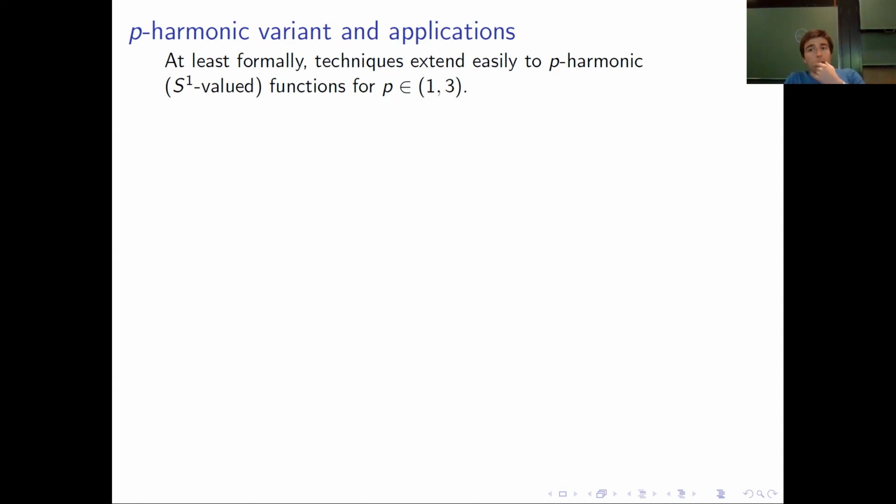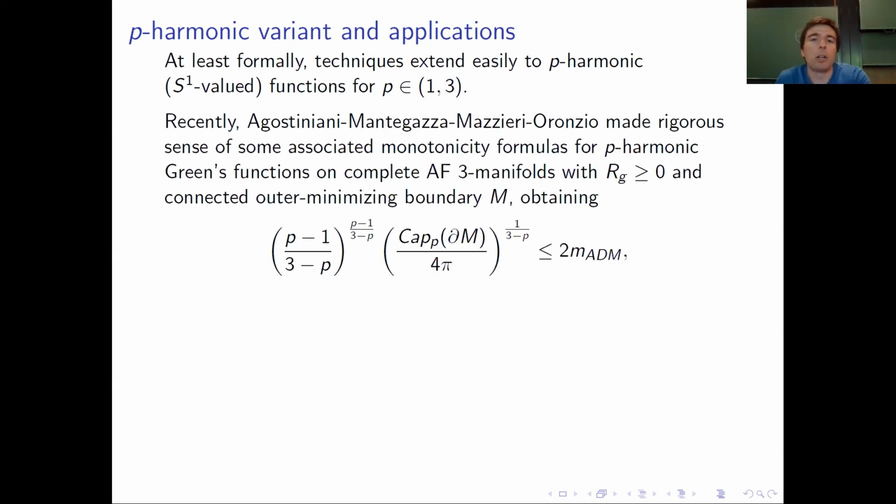Now you don't have a Sard's theorem for these guys a priori, so there's more analytic work in actually making these rigorous. Okay, but recently, Agostiniani, Mantegazza, Mazzieri, and Oronzio were able to make these rigorous in a suitable setting. So for p-harmonic Green's functions on complete asymptotically flat three-manifolds with non-negative scalar curvature and with connected outer minimizing boundary, right? So we're in the setting of the Penrose inequality. So they obtain the following estimate.